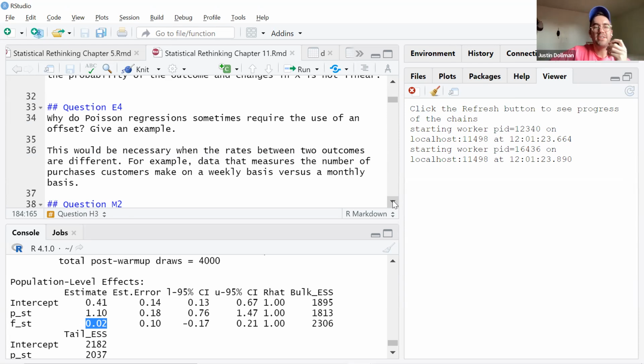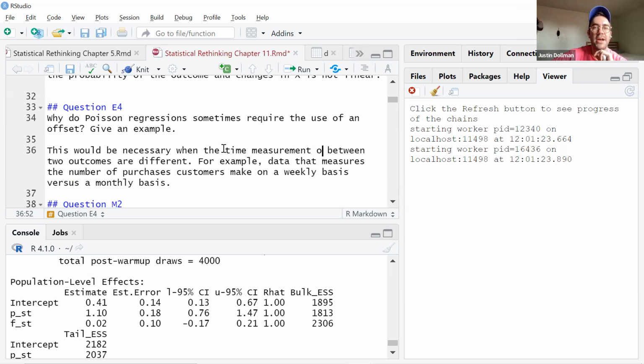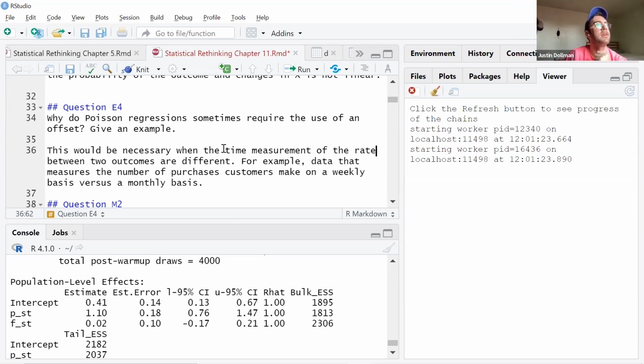Well, I guess two things. One is that I think we wouldn't say the rates between two outcomes are different, because rate is the rate. Rate is per unit time. I would say probably the time measurement of the rate. An offset would be, for example, say you want to know purchasing frequency among your customers.